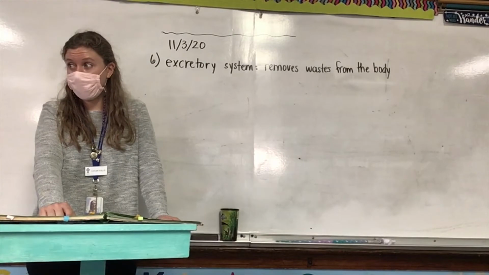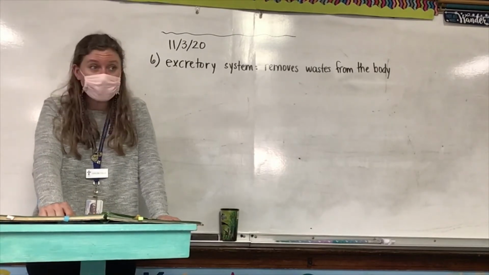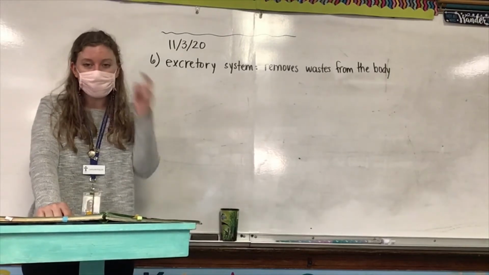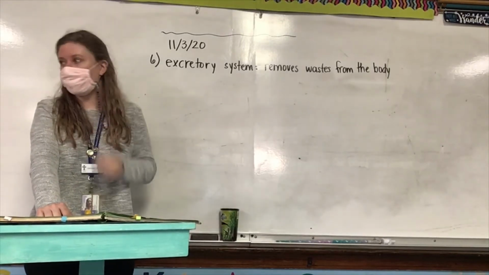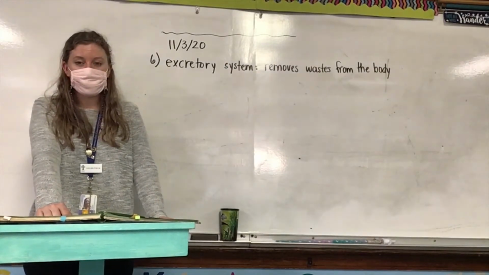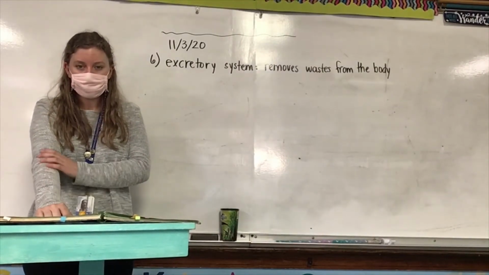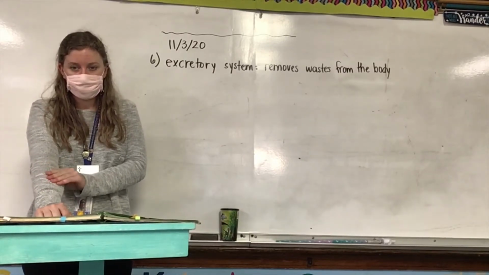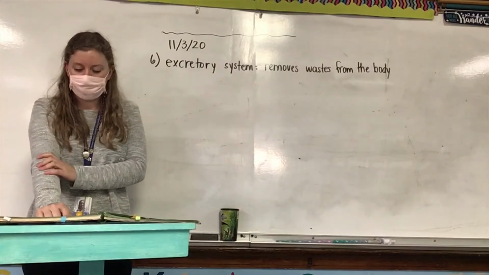Kingston? Sweat. Very good. When you sweat, where does the sweat come from? Does it come from your ears? Does it come from inside your nose? Where does sweat come out, Zari? Your skin. Very good.